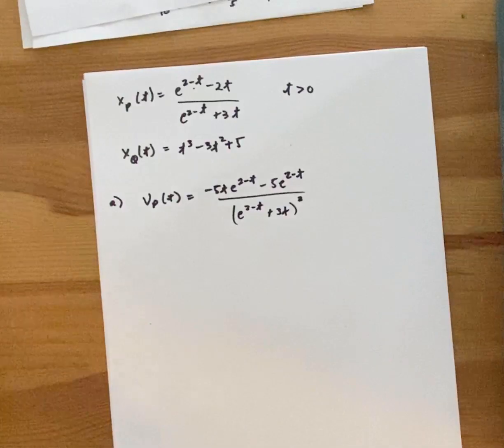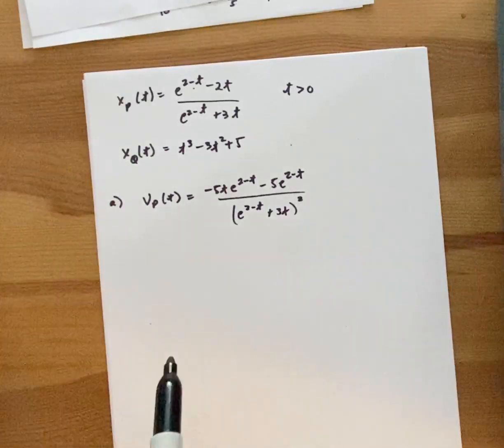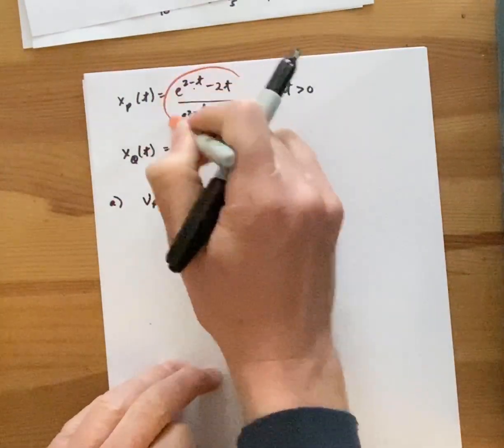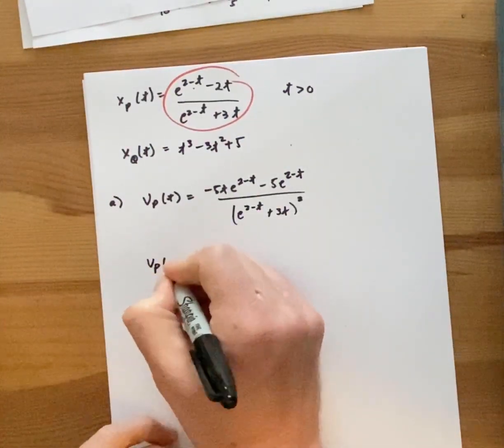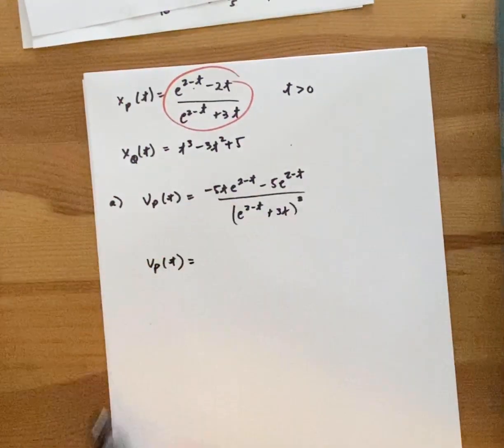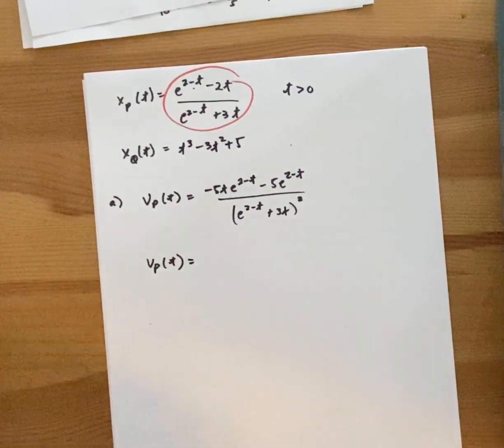All right, so what you want to do here is take your derivative. So we're using the quotient rule. So then I'm going to just show v of particle P of t, right?